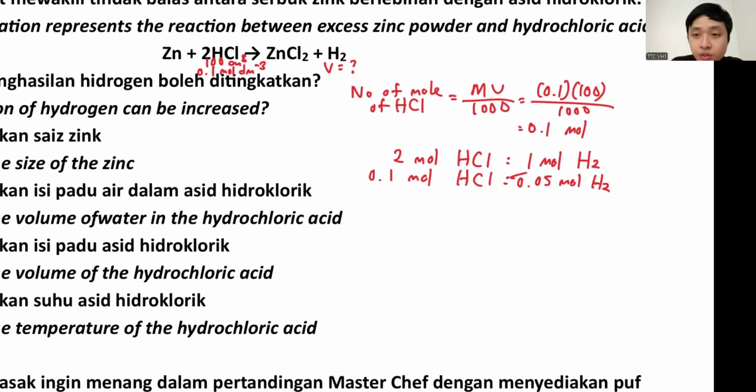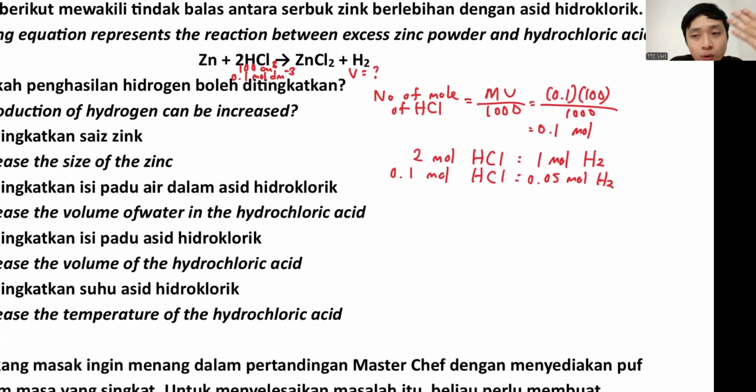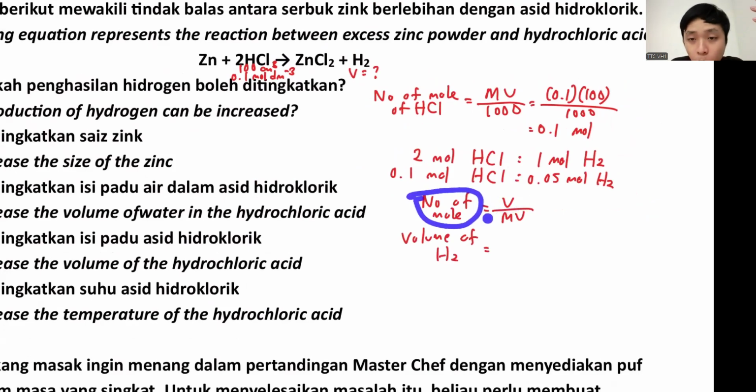Okay, and then you use this mole to find the volume of H2. Let's say the molar volume is 24 at room temperature. Because the number of mole equals volume over molar volume, if you want to find the volume of H2, you can use number of mole multiply molar volume.